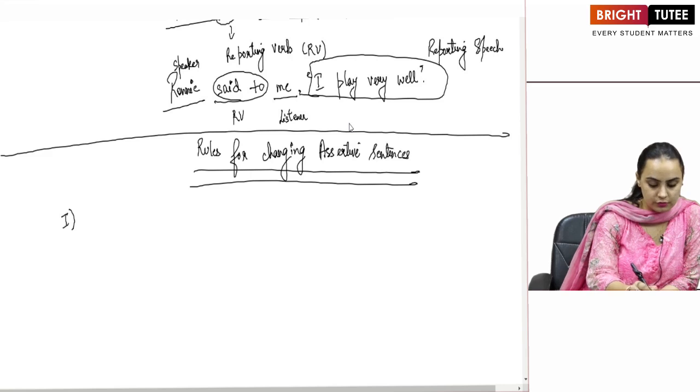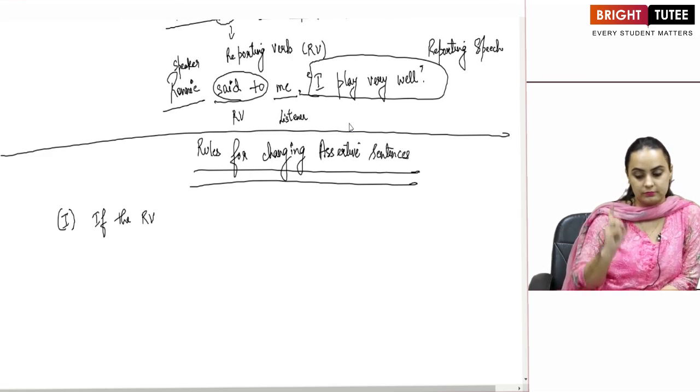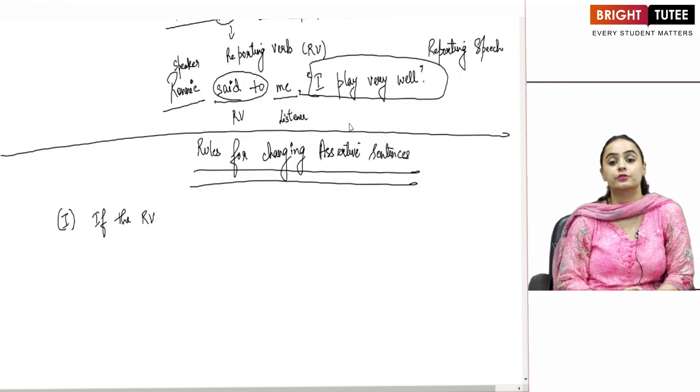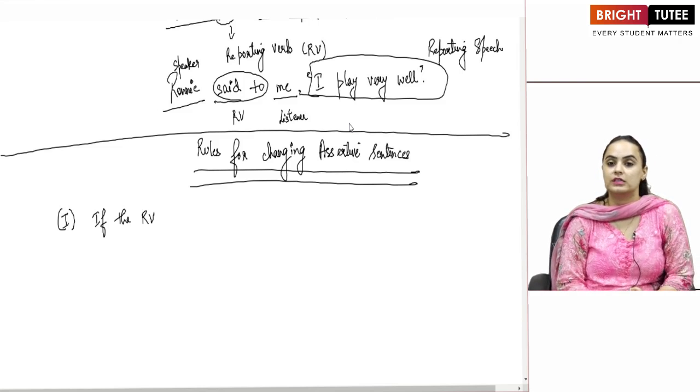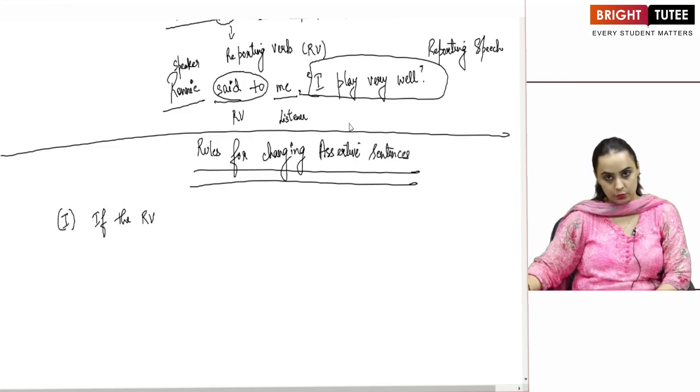The first rule. I told you and am telling you again, RV stands for the reporting verb. Reporting verb like said, say, will say, whatever is written before the comma is my reporting verb.